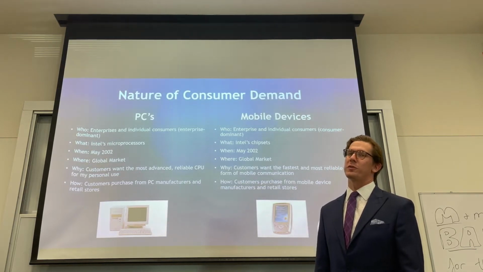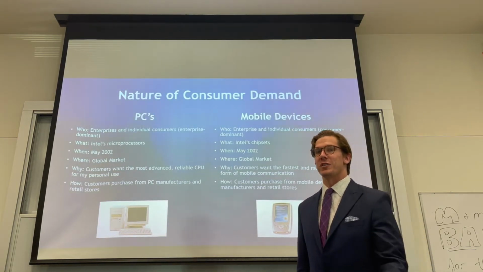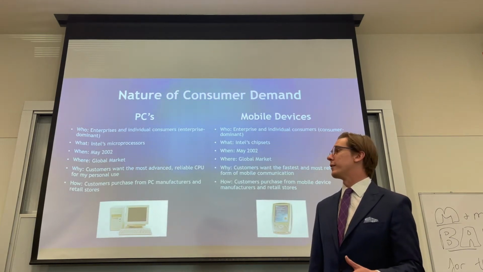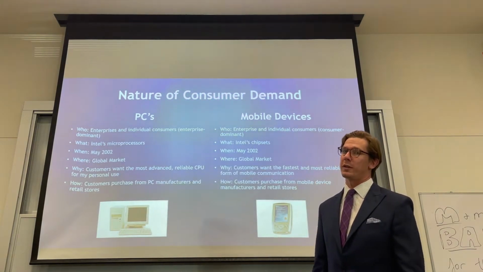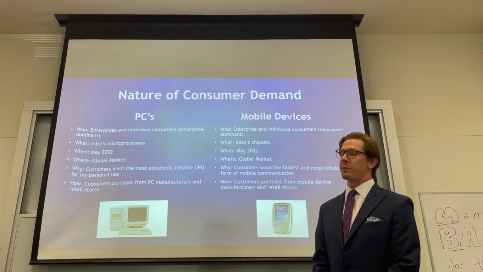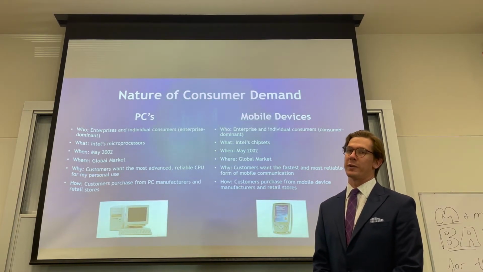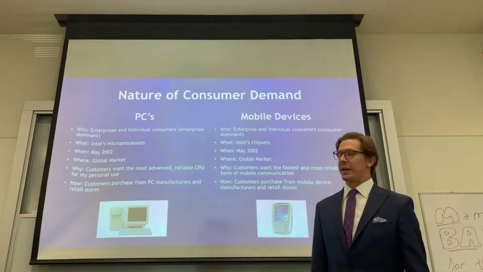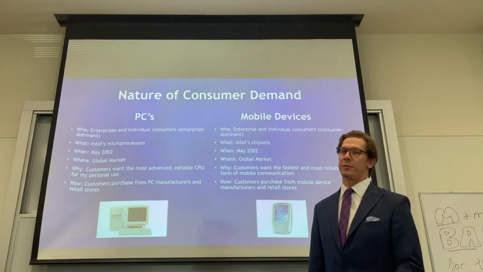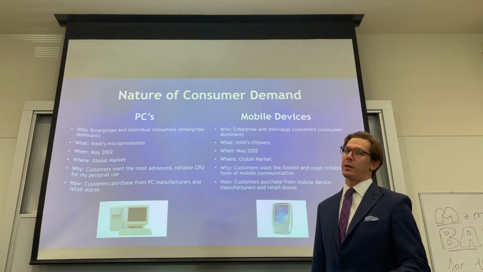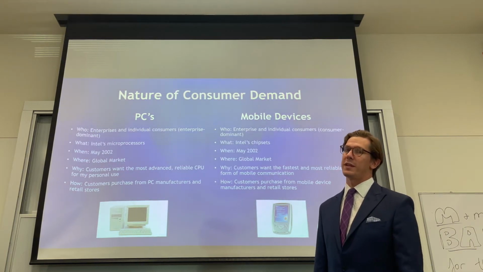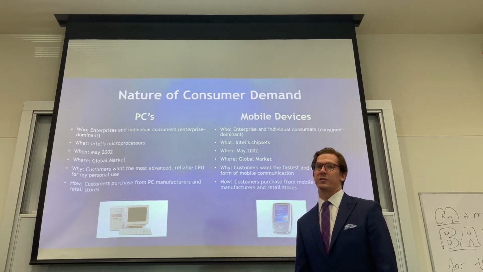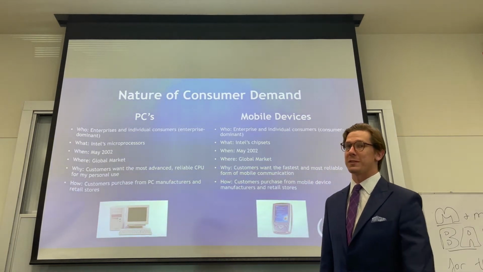And why are consumers concerned about these chips? It's because they want reliable communication in the mobile market, and also the most advanced and reliable computer to be used for business or personal use. And how are they purchasing this? This is through the manufacturers on the PC and mobile device side, as well as retail stores such as Radio Shack or Best Buy.